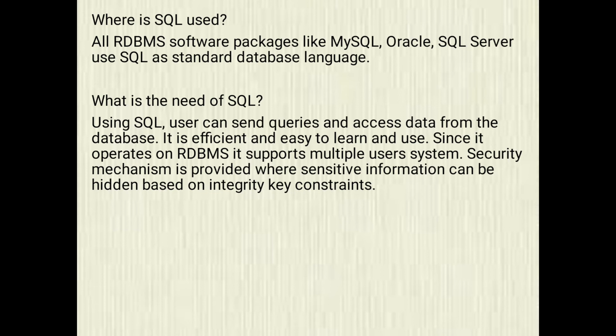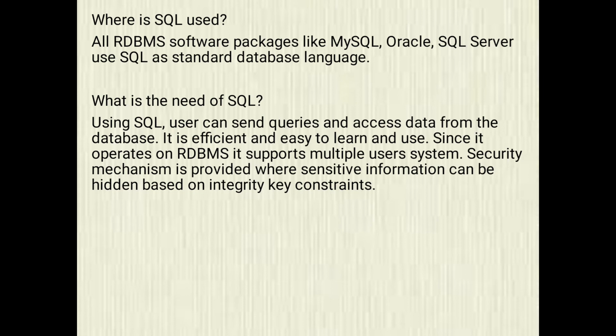A DBMS on its own supports a single user system, but an RDBMS supports multiple user systems, because the data is based on relations, where a relationship can be established between two or more tables, so multiple data are related together.